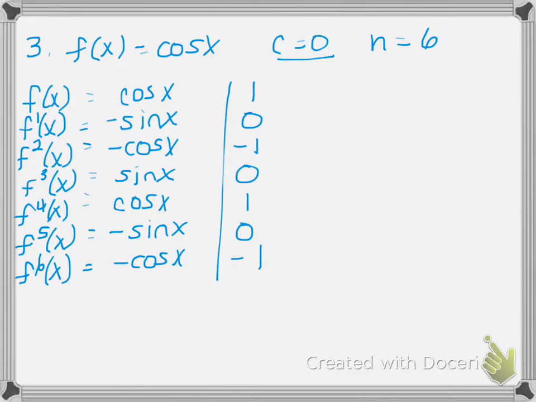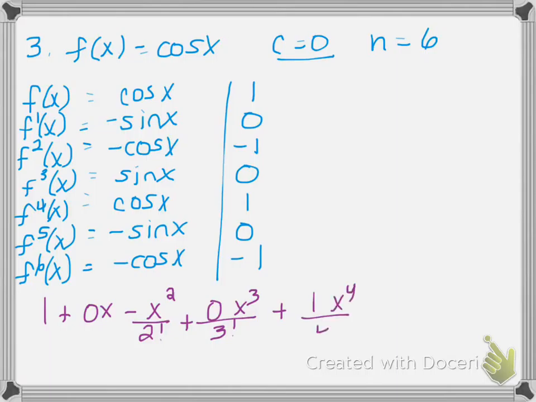So then the polynomial would be 1 plus 0x minus, using the next term, and then you square it and divide by 2 factorial. The next one would be 0, x to the third, 3 factorial. You just got to memorize the x to the third and 3 factorial. And then plus 1, x to the fourth, 4 factorial. 0, x to the fifth, 5 factorial.